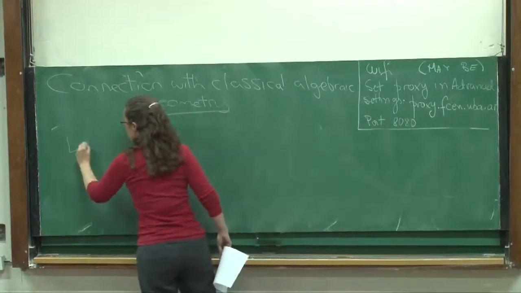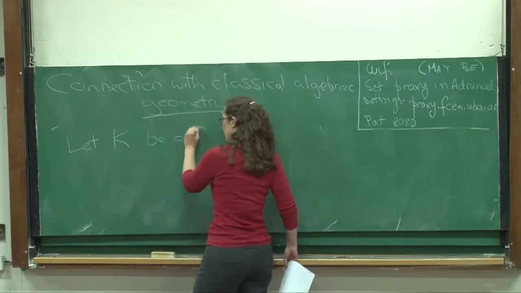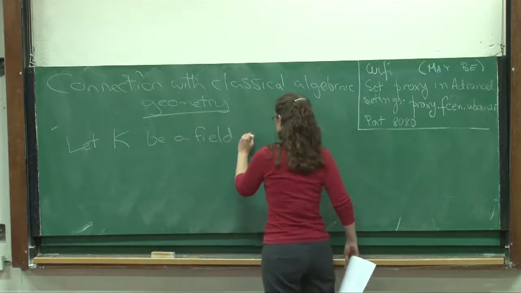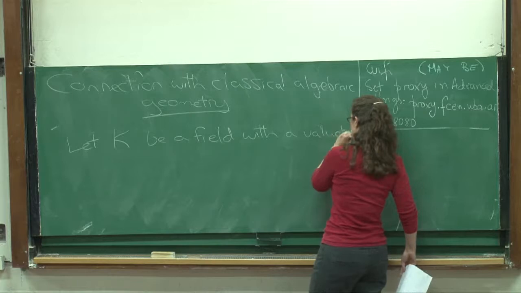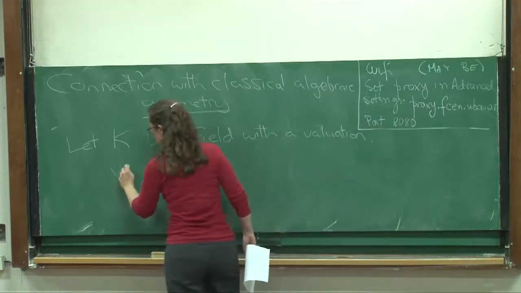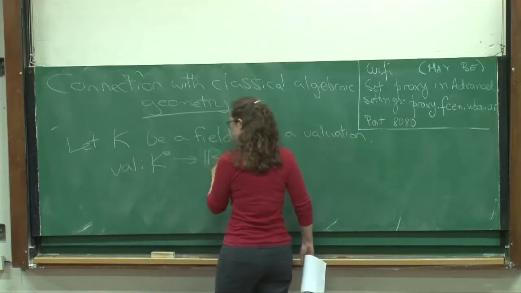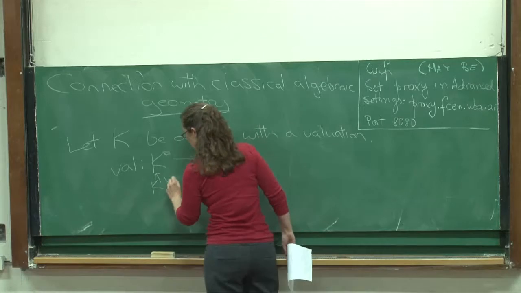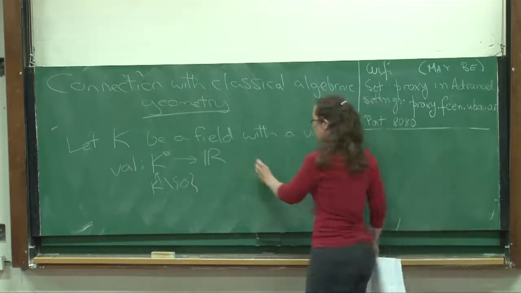Okay, so let capital K be a field with valuation. So I remind you, this is a function val from K star, that's K take away 0, into the real numbers that satisfies the axioms.